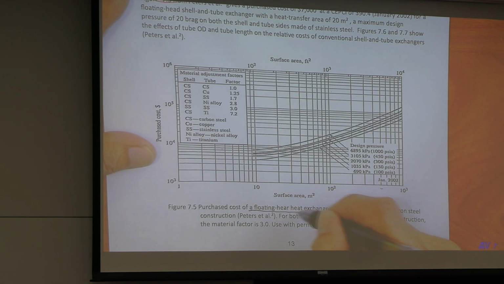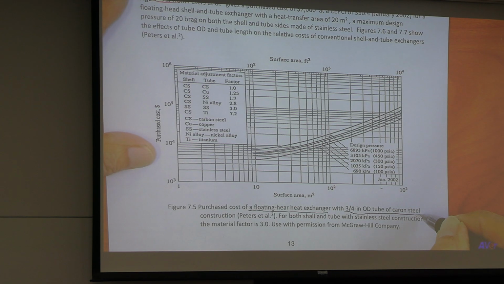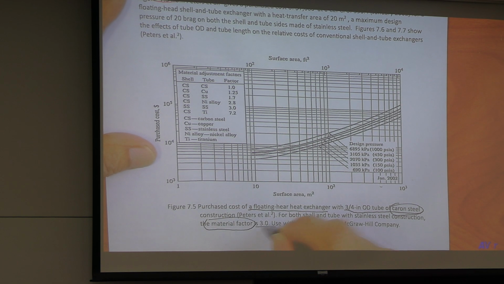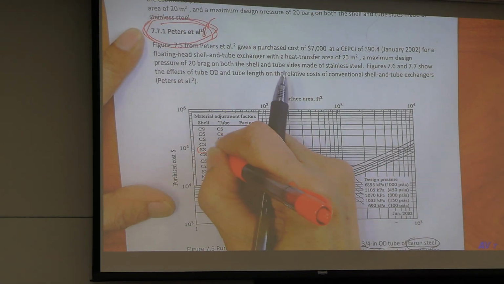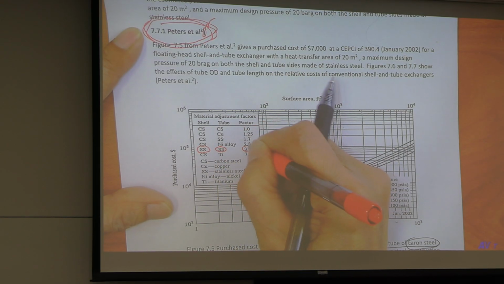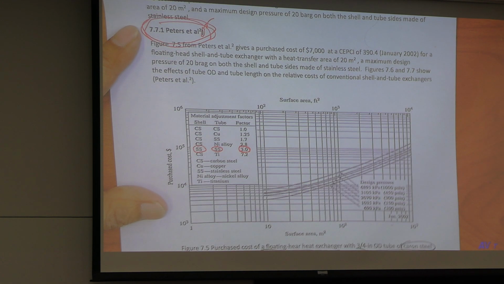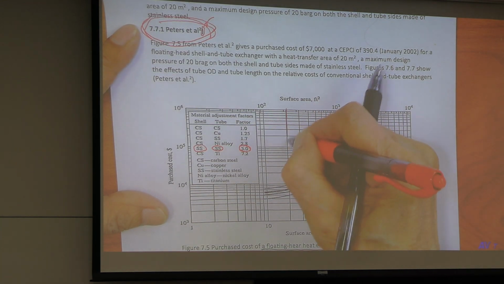Purchase cost, floating head heat exchanger, tube diameter, carbon steel, material factor for stainless steel, material factor 3.0. Surface area 20 square meters is right here.